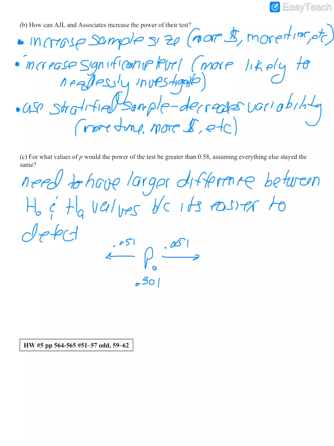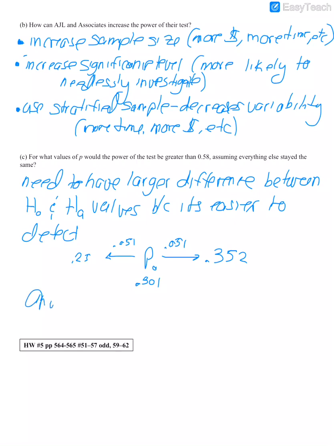And the 0.051 is just so that we're greater than the alpha. Okay, so when you do that, you then get the upper bound to be 0.352 and your lower to be 0.25. So from the 0.301 you subtract this and you get this value, and to 0.301 you add this value and you get this value.